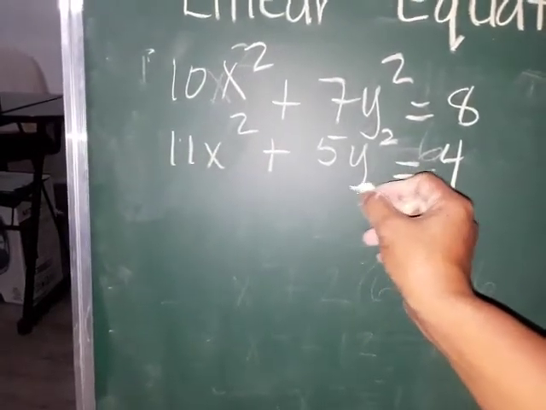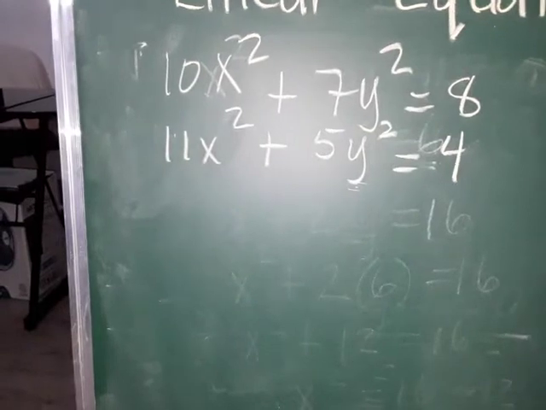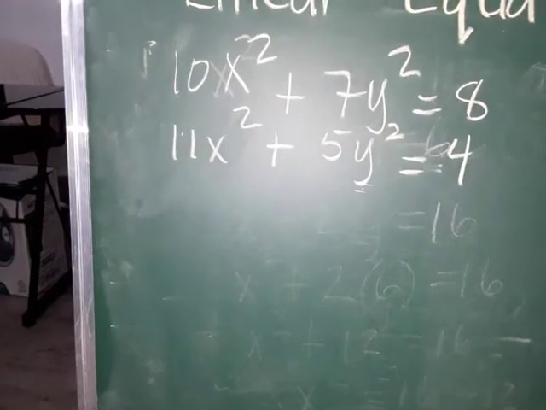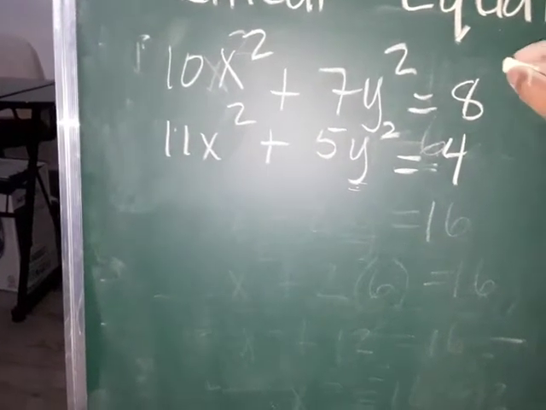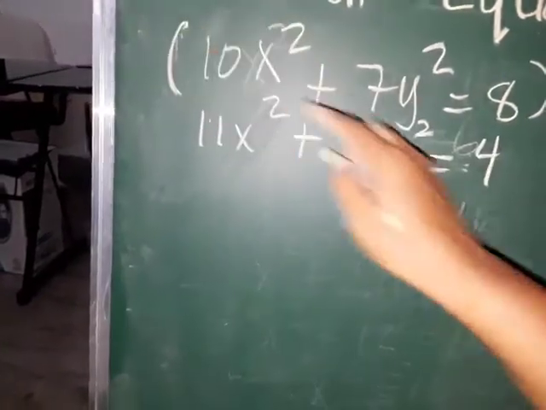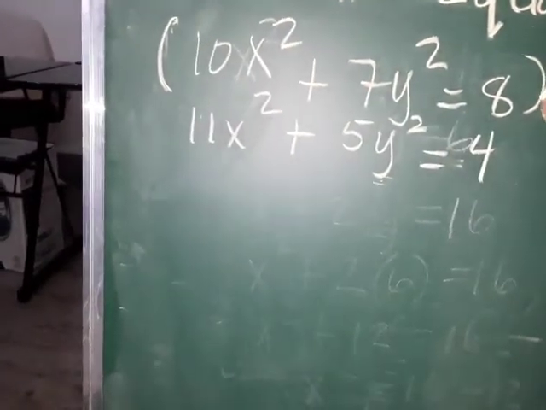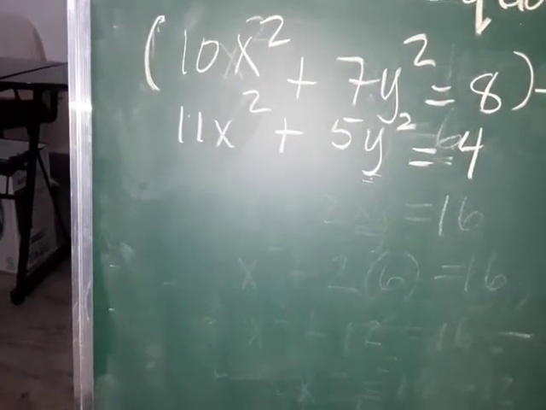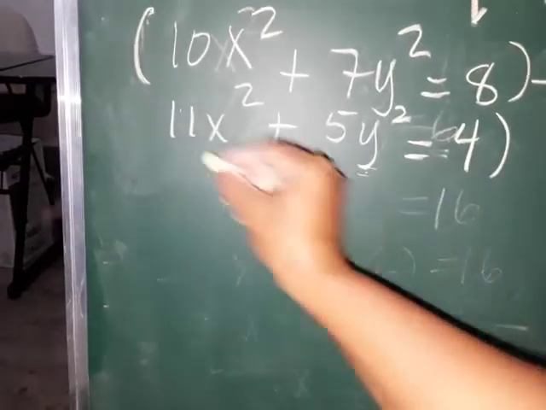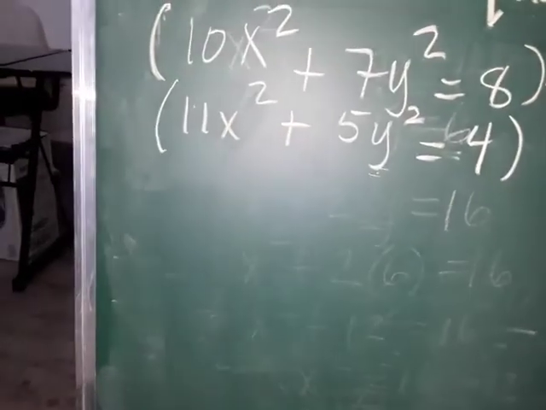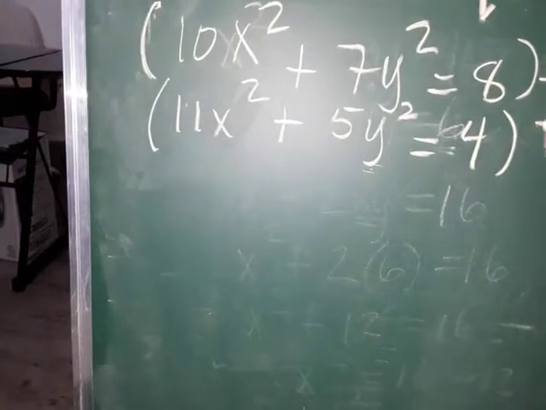so we need to multiply both. Let's eliminate y. We need to multiply the first equation by negative 5, and the second equation by positive 7.